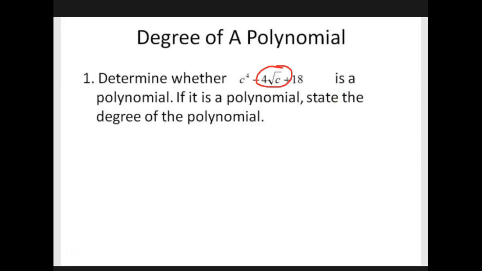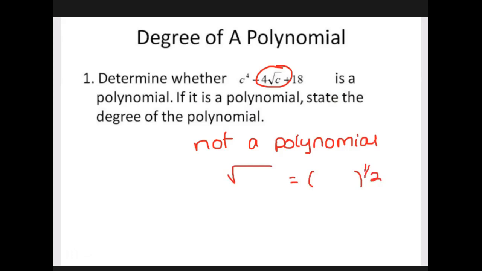Therefore, this has no degree because it is not a polynomial. So again, a square root is considered to a 1/2 power. A fractional power is not considered a polynomial. Polynomials have to have whole number exponents.